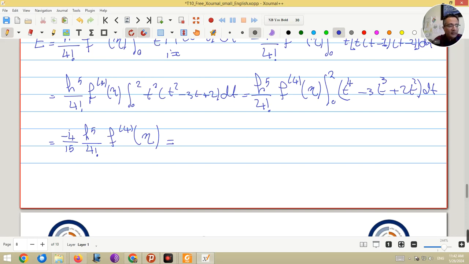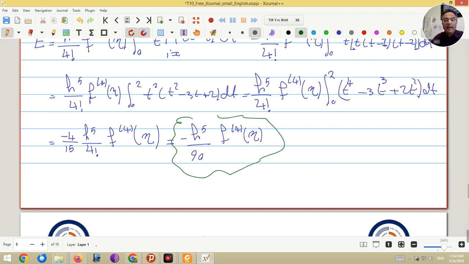And if you cancel 4 by this 4, it remains just 6 times 15, it will be 90. So you will get minus h to power of 5 over 90, fourth derivative of f at eta, and this is exactly the same as I computed before with a very complicated technique in the 2 previous lectures.